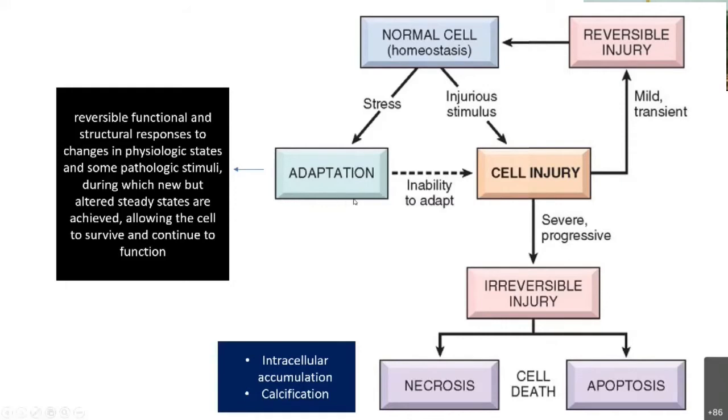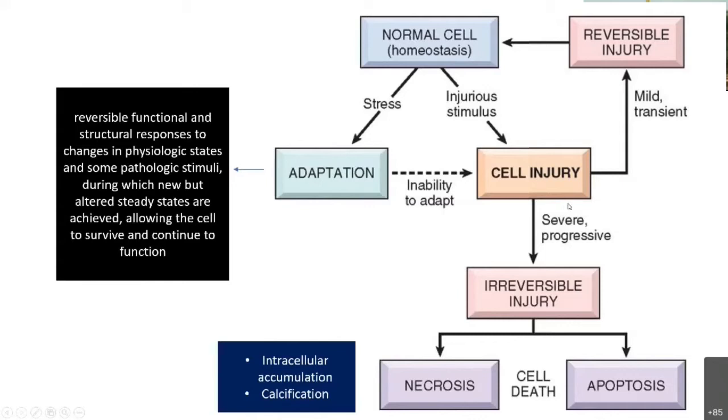Now, when the cell is unable to adapt and the injurious stimulus is continuing, the cell will be injured. If the injurious stimulus is mild or transient, then the injury will be reversible, meaning the cell can go back to its normal state.